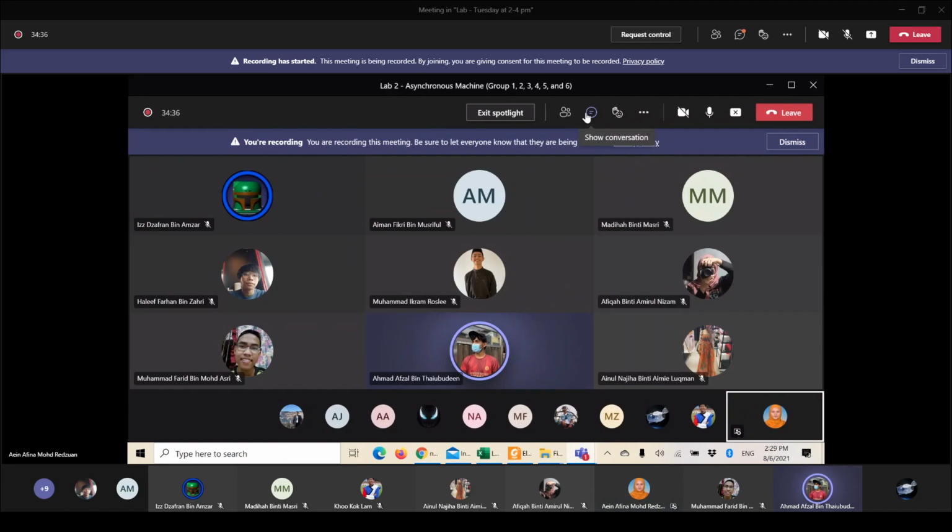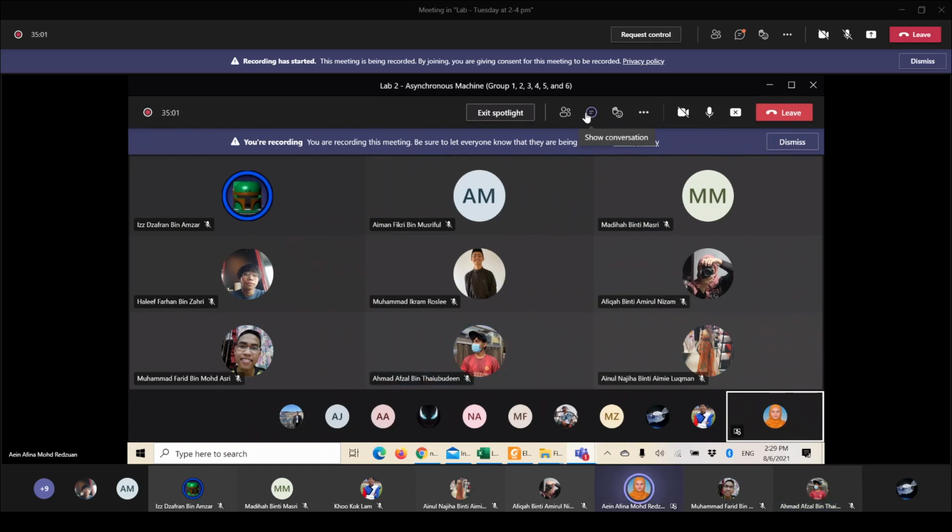I've been searching a lot in past lab reports, but could not find the source of the information. For example, for this 2.1 no load test, should we add information related to the no load test or related to the asynchronous machine? It's complicated. So madam, can you explain a bit more about that?